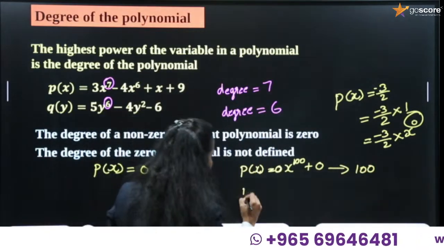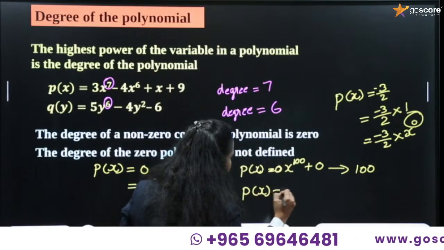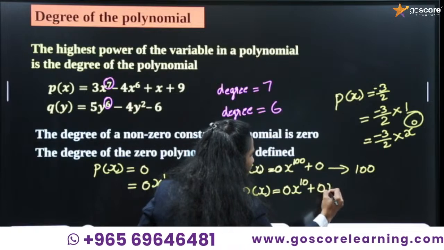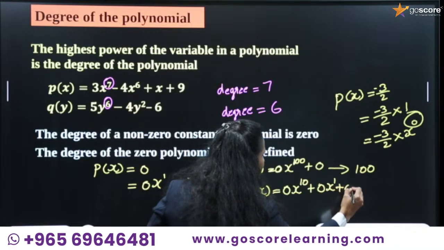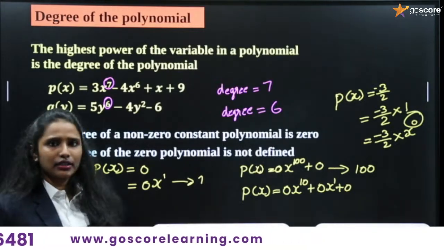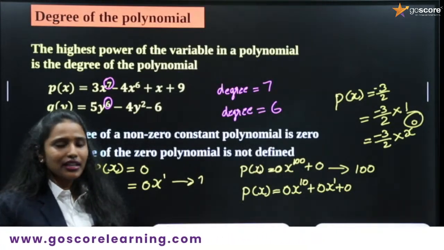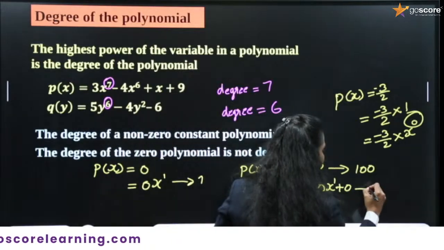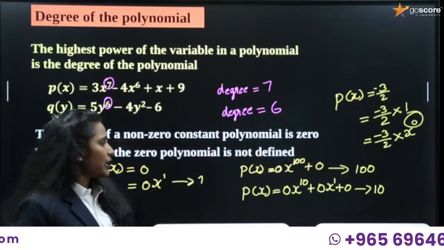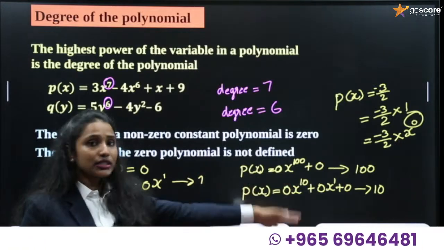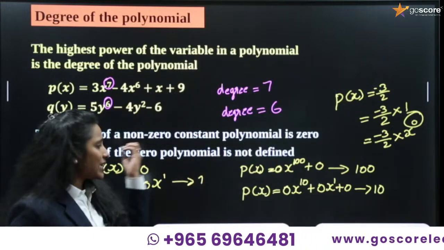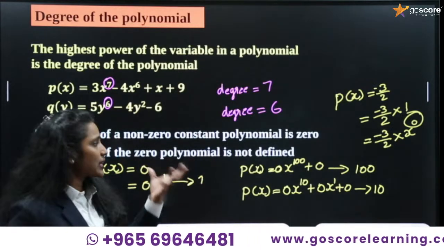Again, I will write p of x is equal to 0 x raised to 10 plus 0 x raised to 1 plus 0. It is again a 0 polynomial. But what's its degree? The highest power of x, so it will be 10. So a 0 polynomial has this many degrees. Degree of a 0 polynomial varies with the way we are representing it.